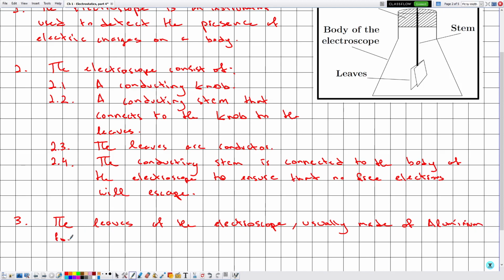So aluminium foil leaves are very light. Now we're gonna see why they are very light in weight. They are the only part made to move freely in the electroscope.